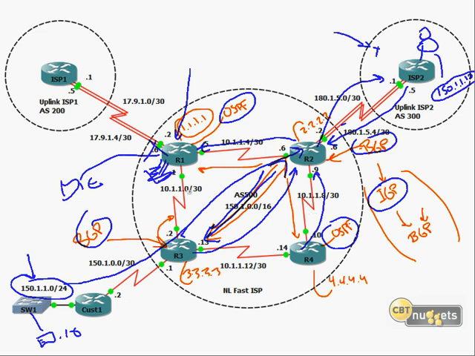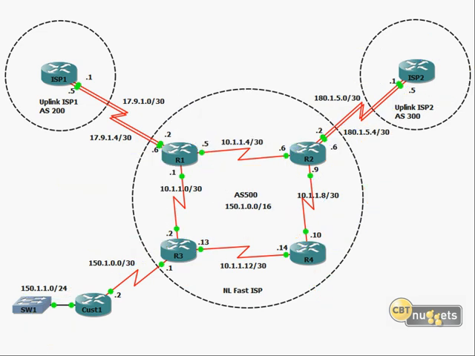Does that make sense? So that would mean I'm having to redistribute BGP into OSPF, which is something that we used to do in the old days before we just ran BGP on everything. And you might go, well, why? Why would you do that?